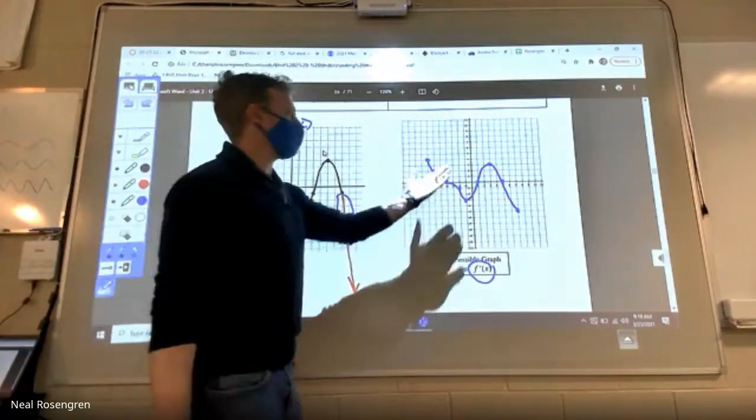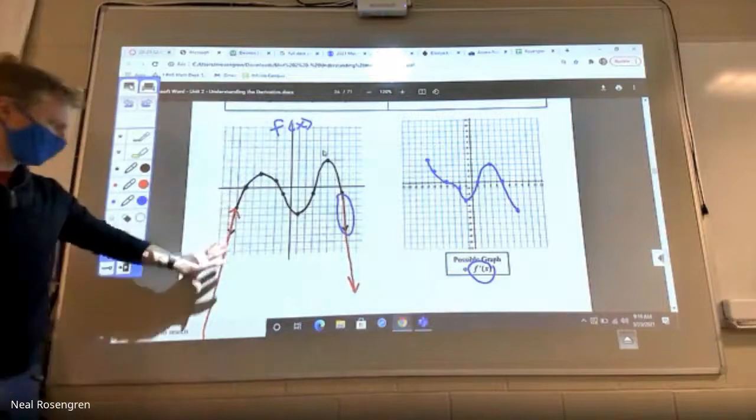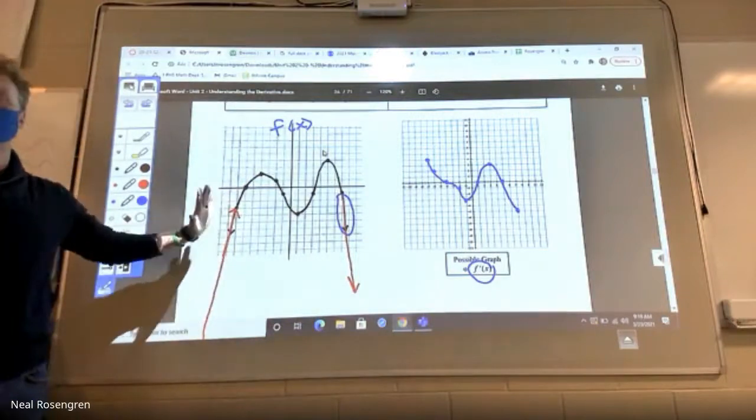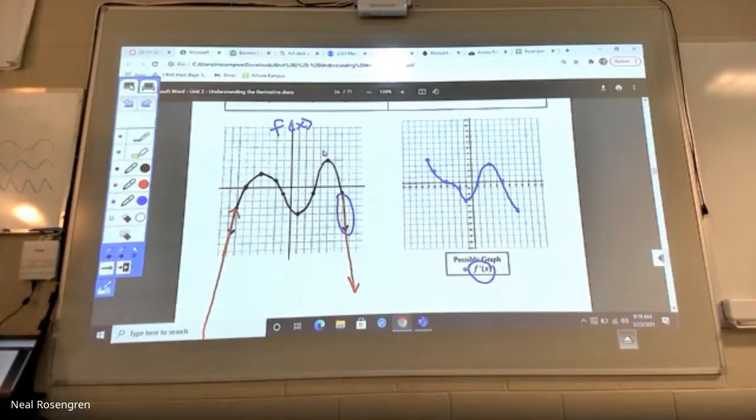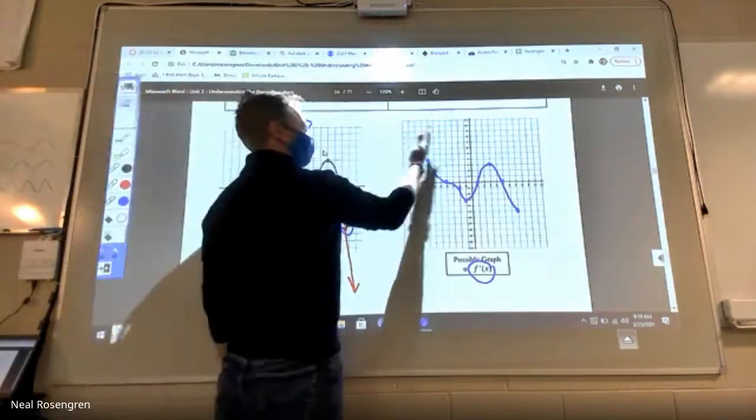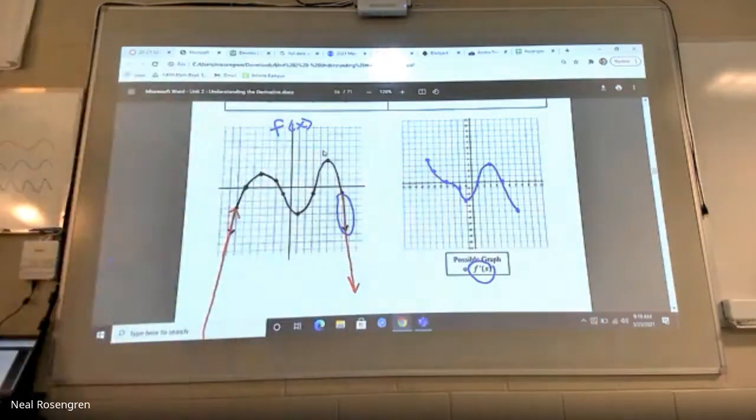So what does that mean then if the left side of this graph is increasing very quickly? What does that mean then for like the left edge of my derivative? If the graph is increasing a lot, what kind of numbers are we expecting for f prime if the graph is increasing quickly?